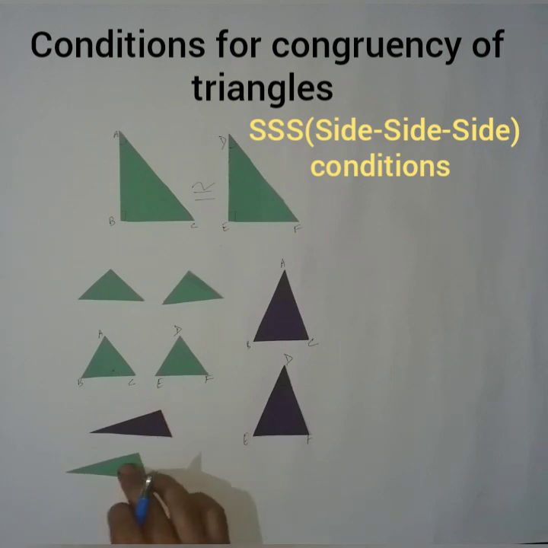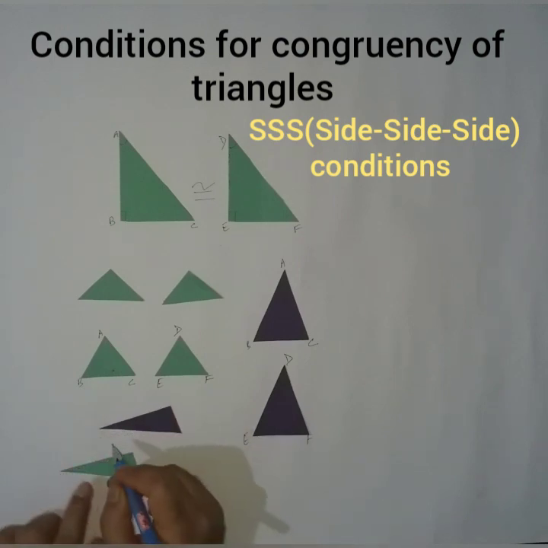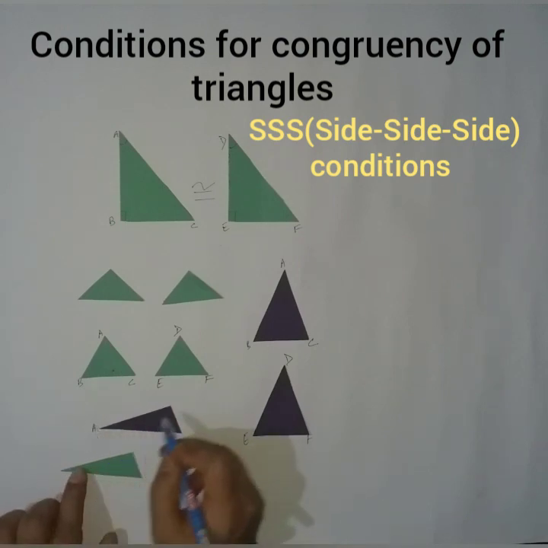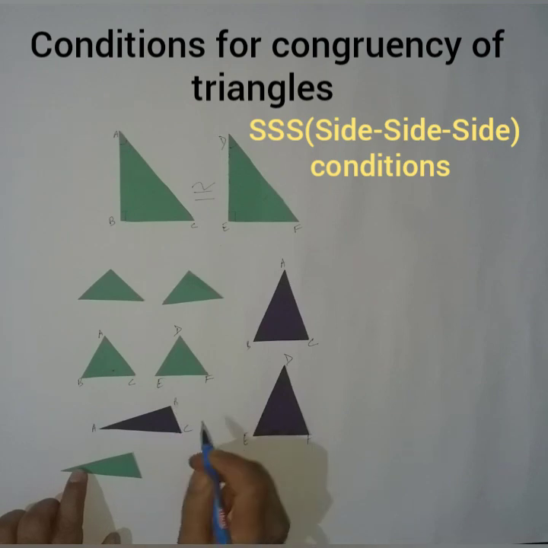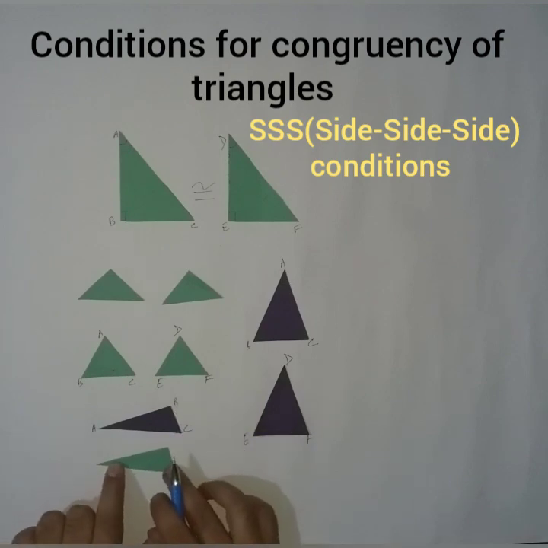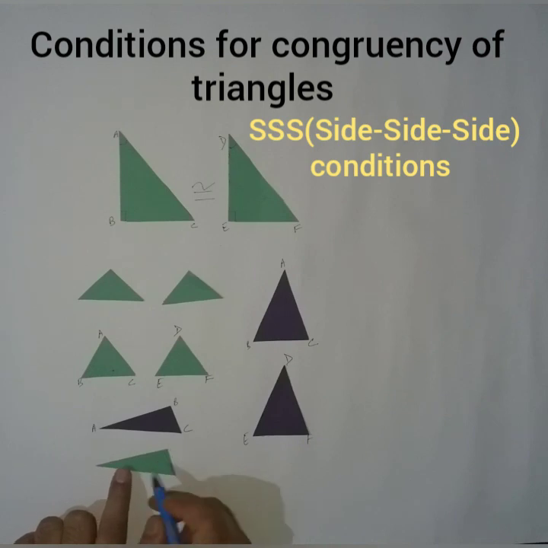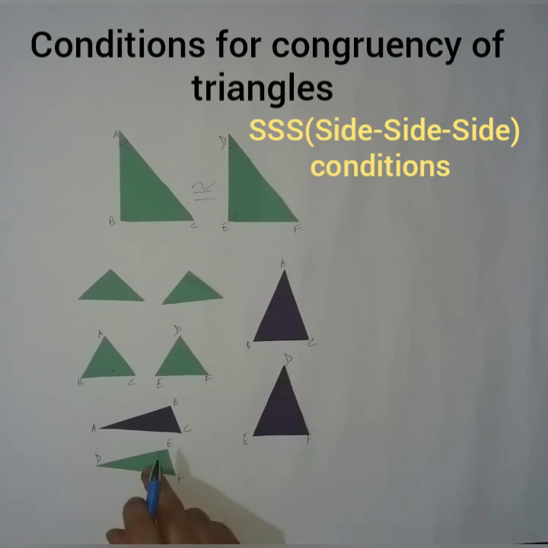Here these two are scalene triangles. This is ABC, and this one is also named DEF. So we are going through the side, side and side condition to see whether they are congruent or not.